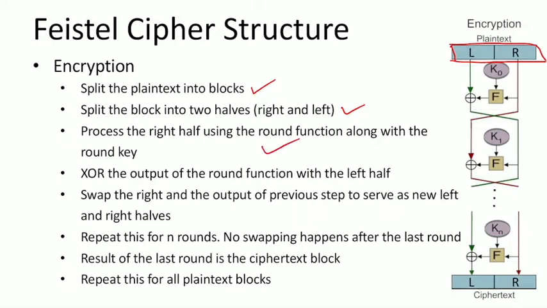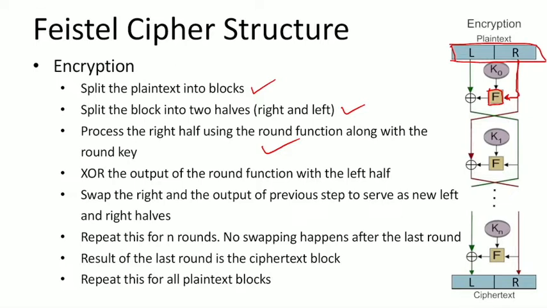Then we process the right half using the round function along with the round key. Since it's a block cipher and we have a certain number of rounds, for each round we need a round key. You can see over here, we take the right half and process it using this round function. This round function could have multiple types of substitution steps and multiple types of permutation steps.